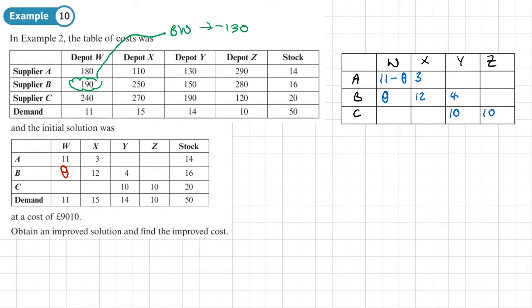So to rebalance it, I'm going to put plus theta here. So you can see that keeps the total as 14. Going down, looking at the total of this X column, that should be 15. Now at the moment it's 15 plus theta. So I need to put minus theta here. That keeps it balanced. So now this total is 15.